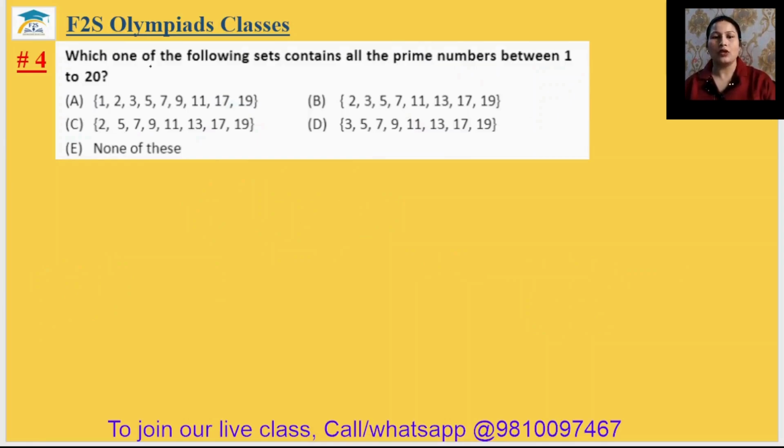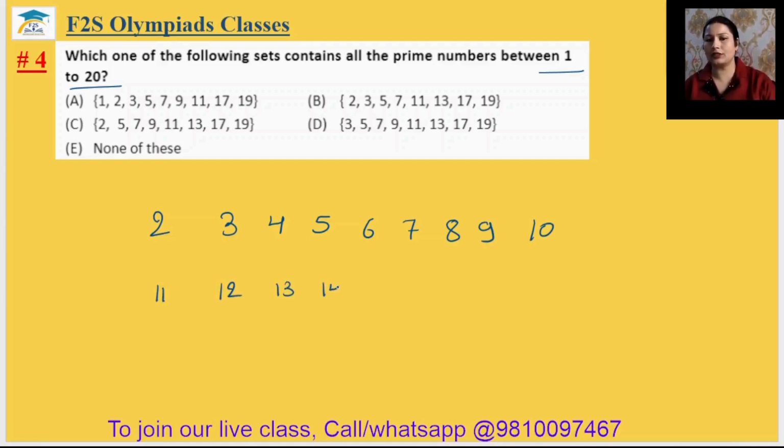Question number 4. Which of the following sets contains all the prime numbers between 1 and 20? So just write all the numbers between 1 and 20. That is 2, 3, 4, 5, 6, 7, 8, 9, 10, 11, 12, 13, 14, 15, 16, 17, 18, 19, and then 20.